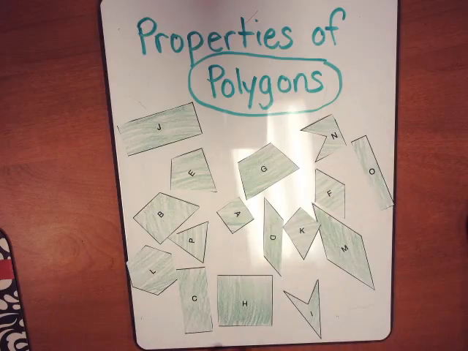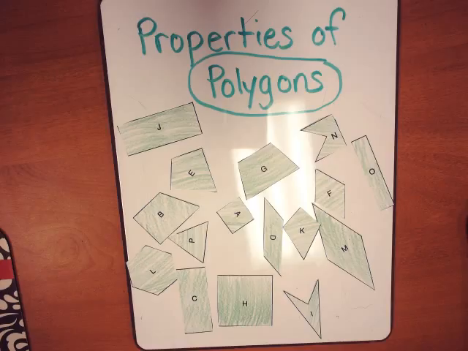Okay, I hope that you've written your definition for polygons. Now I want you to pause the video again and take a look at page 142 in your student reference book. Look at your definition for what a polygon is based off of the additional information on page 142 and possibly revise your statement.